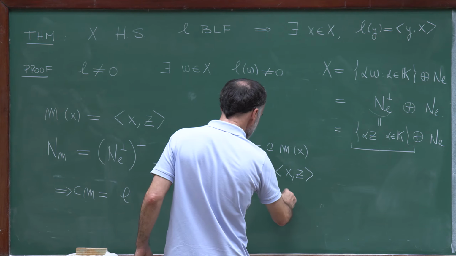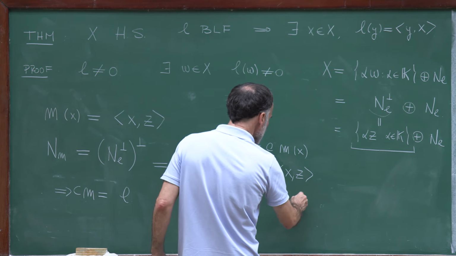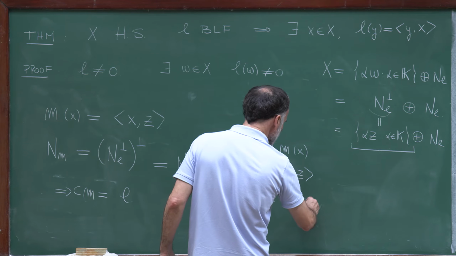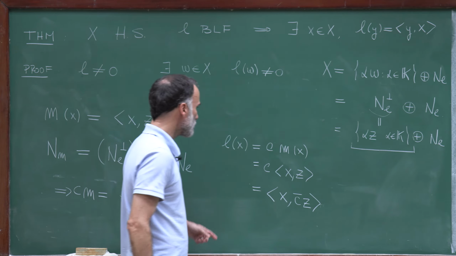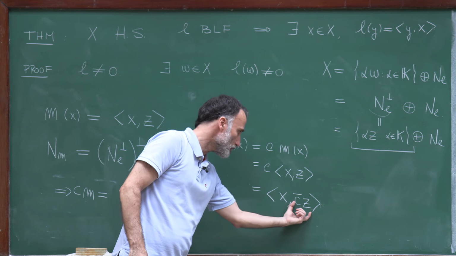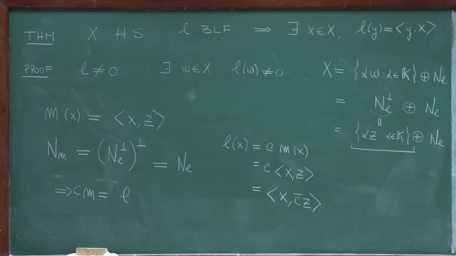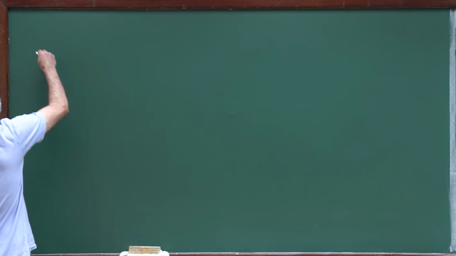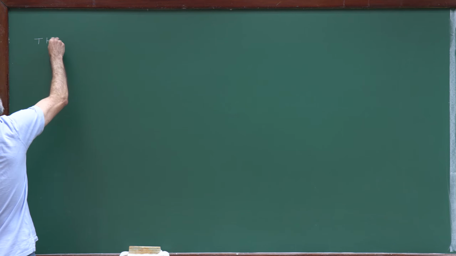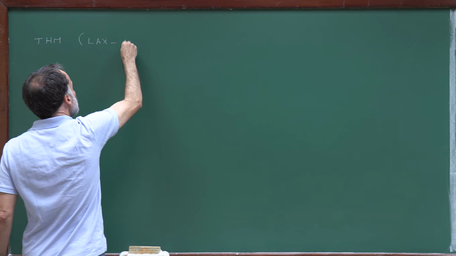Therefore we proved that indeed we have an element, the complex conjugate of C times z, such that for any x, L of x is given by the scalar product of this element with x, and that completes the proof of the Riesz Representation Theorem.